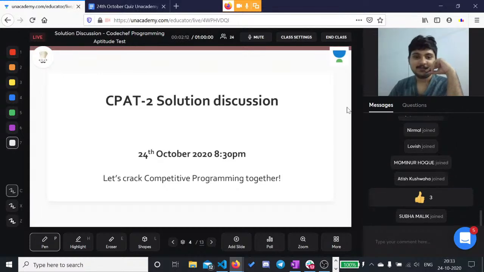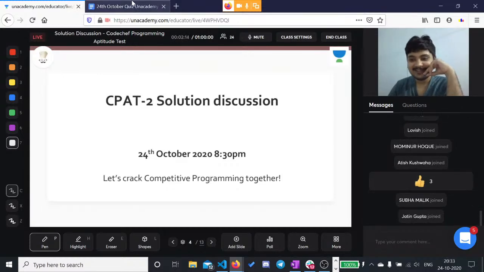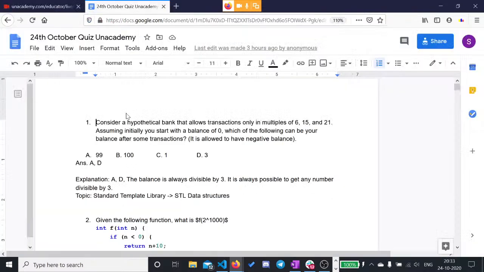For people who are just joining, let me recap the question: consider a hypothetical bank where every transaction is a multiple of 6, 15, or 21, and initially you start off with a balance of 0. Which of the following 4 options could be your balance at some point in time?